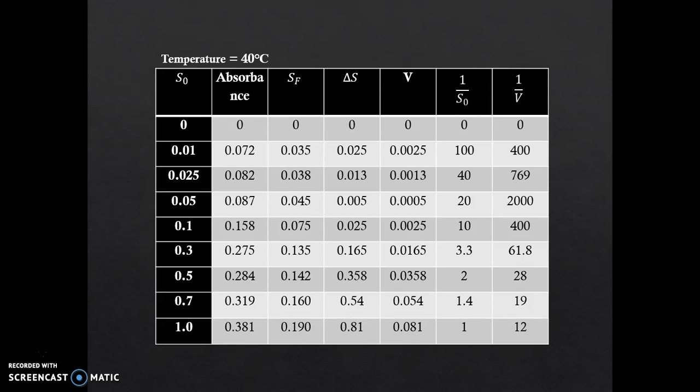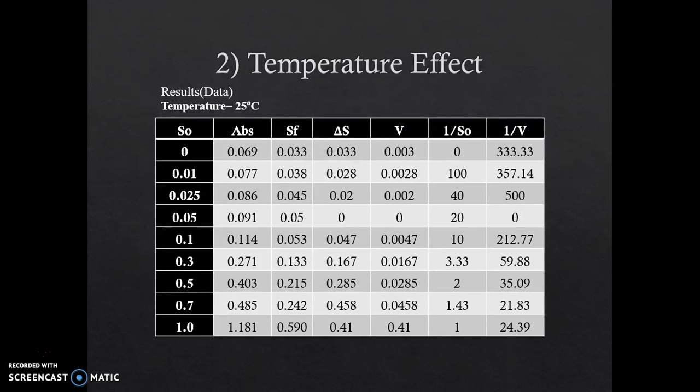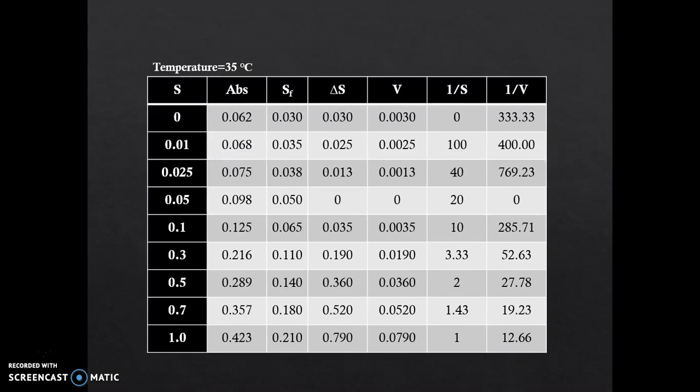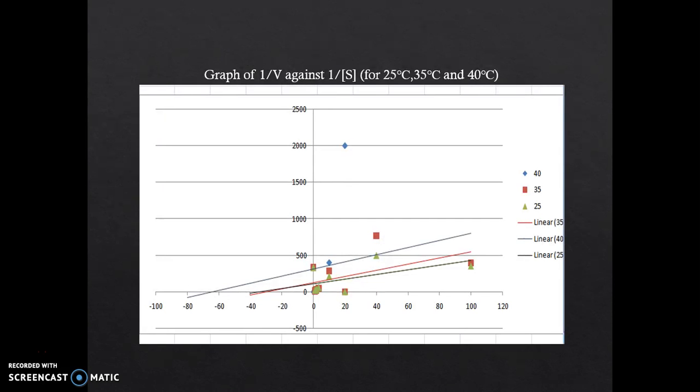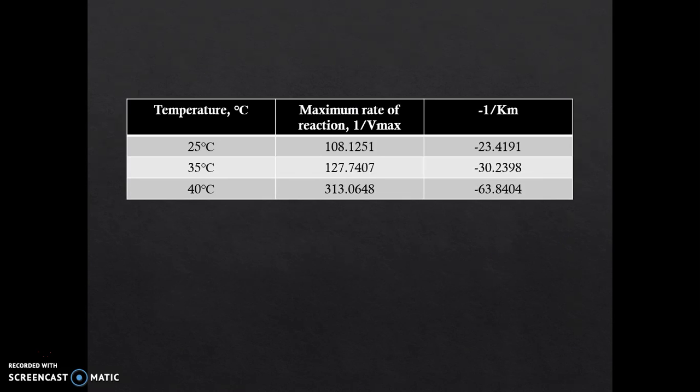This is our result: 25 degrees Celsius, 35 degrees Celsius, and 40 degrees Celsius. From the result, we plot the graph of 1 over V against 1 over concentration of substrate. So this is our 1 over Vmax and negative 1 over Km.